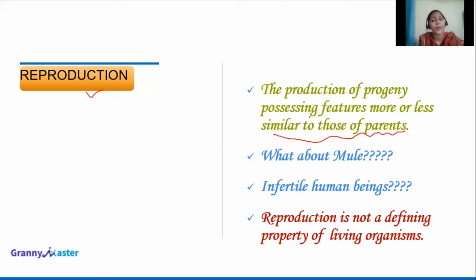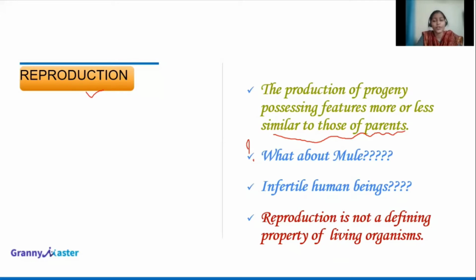But again, there is a question that arises in your mind, maybe: what about a mule, or what about an infertile human being? Are they not living organisms then? This doubt led to the conclusion that reproduction also cannot be a certain factor which determines a living organism.